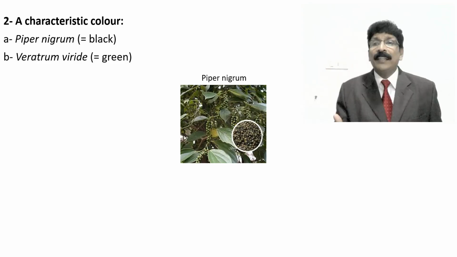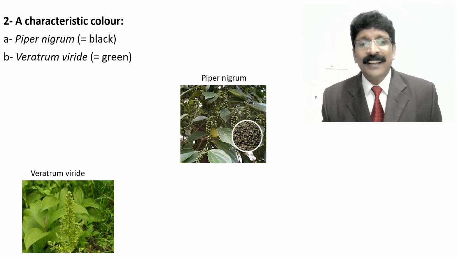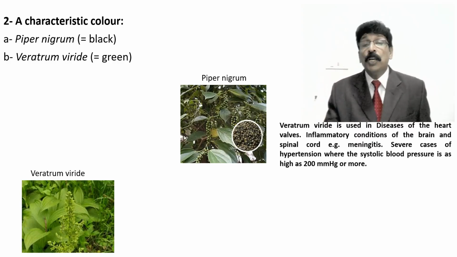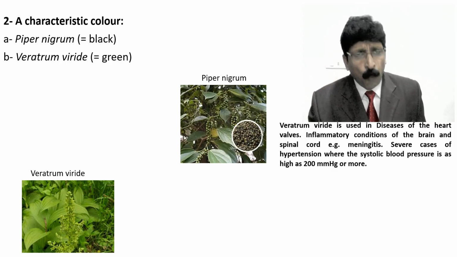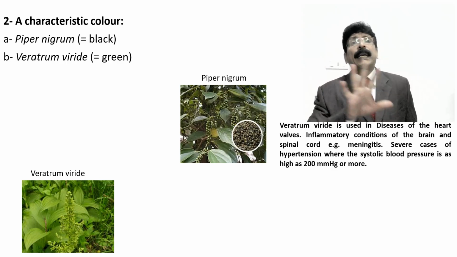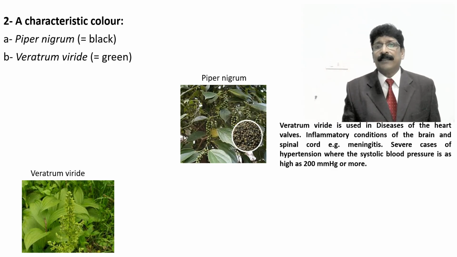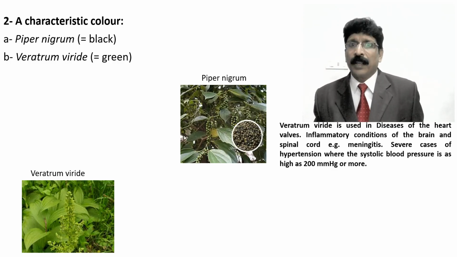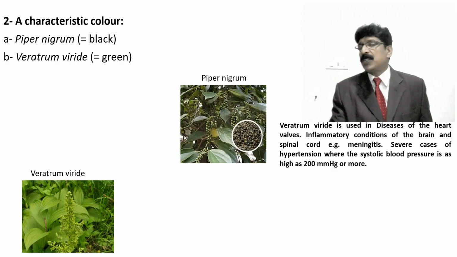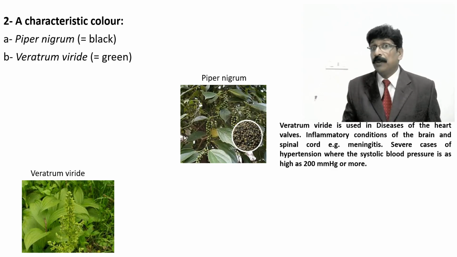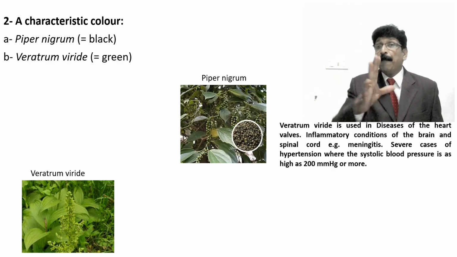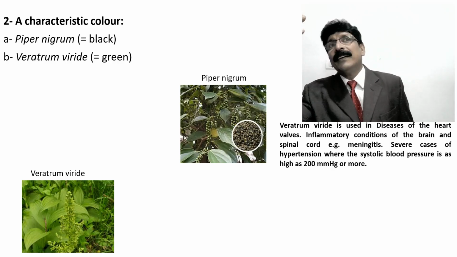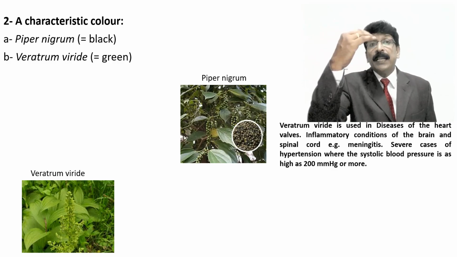Veratrum viride. Viride means green. This is Veratrum viride. It has lots of medicinal use. It is used for diseases of the heart, valves actually, inflammatory conditions of the brain and spinal cord, even meningitis, in cerebral meningitis caused by malarial meningitis, and severe cases of hypertension, in some cases where systolic pressure is above 200 mm of mercury.